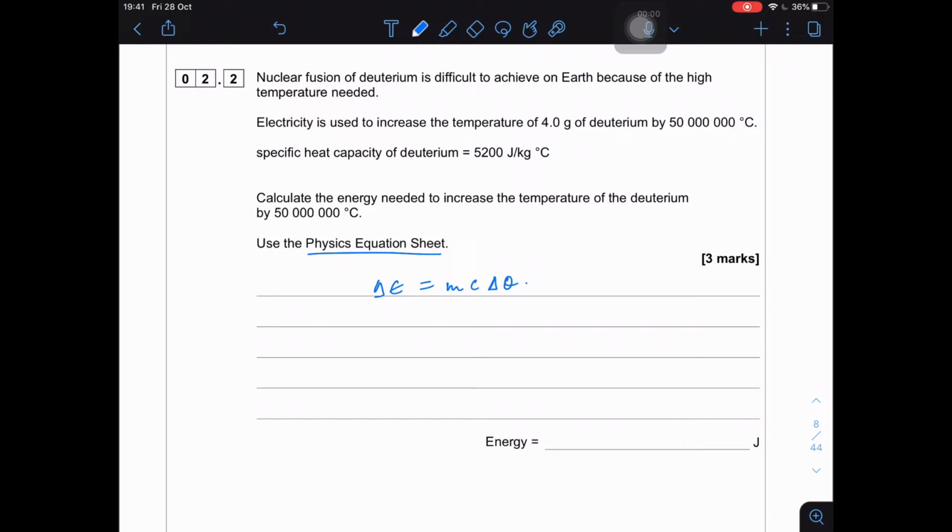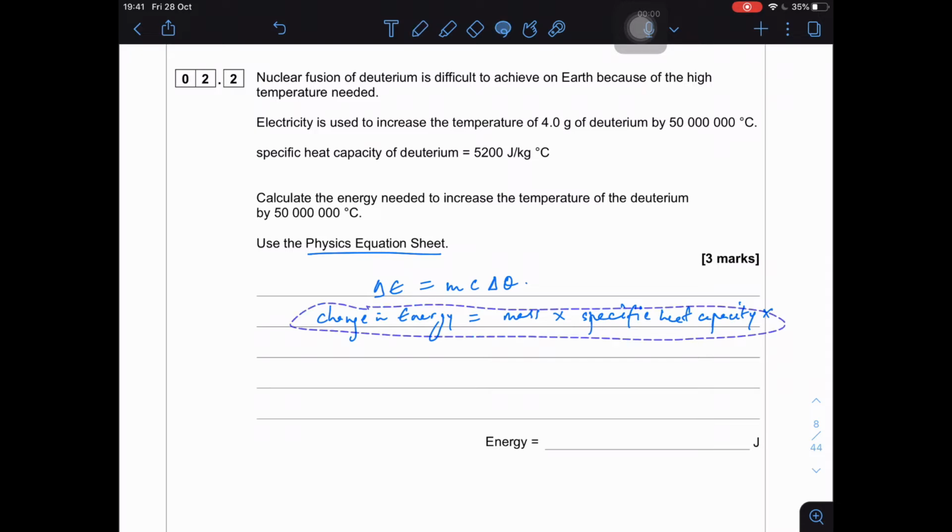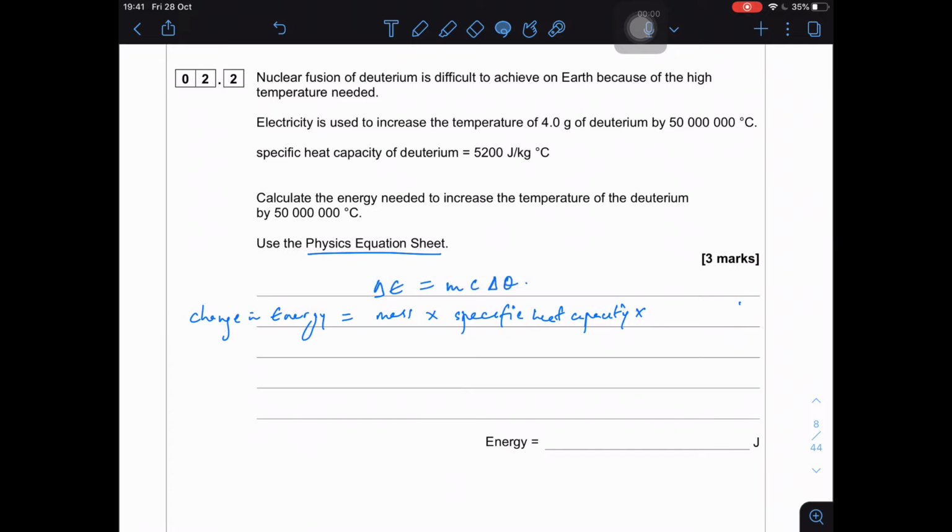It's also given as a word equation: change in energy equals mass times specific heat capacity times temperature change.